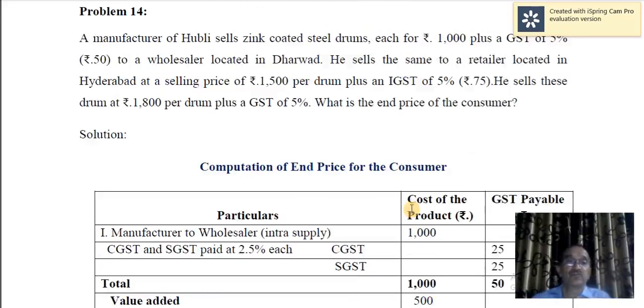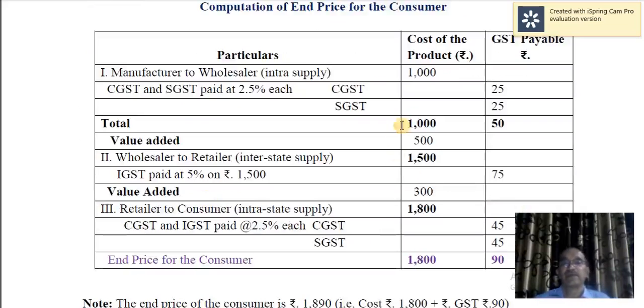Then it is sold to the consumer, and it is sold for 1,800. So 1,500 to 1,800. That means value added is 300. And previously 1,000 to 1,500. Value added in between is 500. So here 1,000 plus that 500 value added, as a result, you will get 1,500. And 1,500 is sold for 1,800.